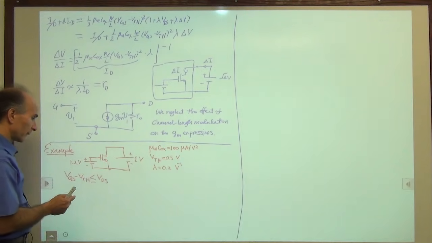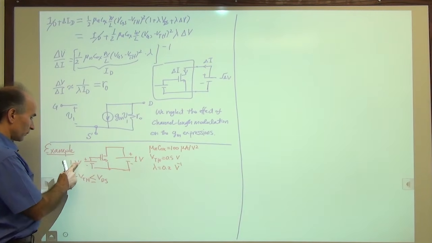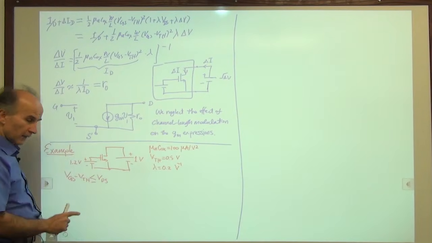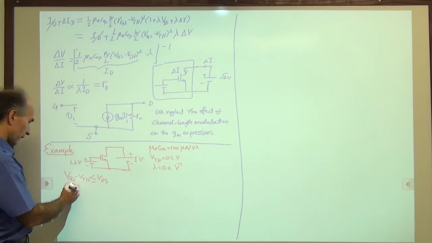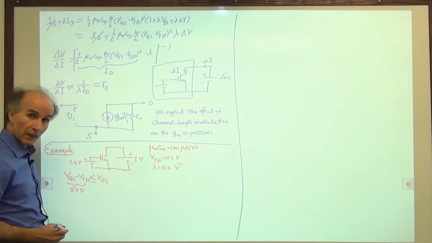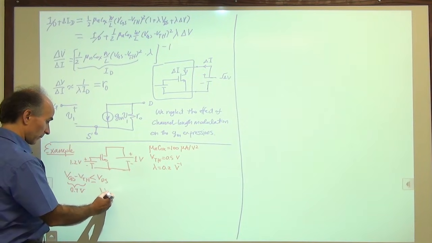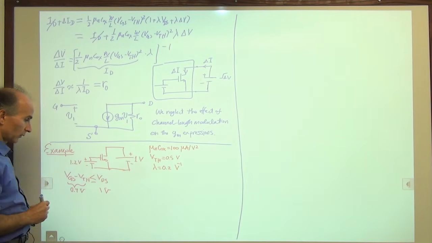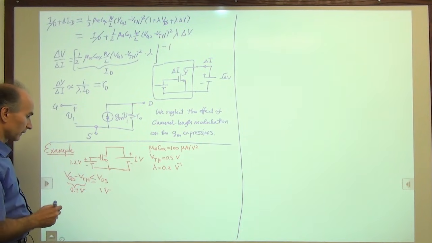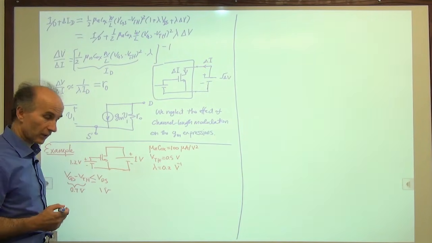Let's see if that's true. 1.2 volts minus 0.5 volts is 0.7 volts, so the overdrive is 0.7 volts, and VDS is 1 volt. So that's great. We're good to go, and we know that the device is in saturation.